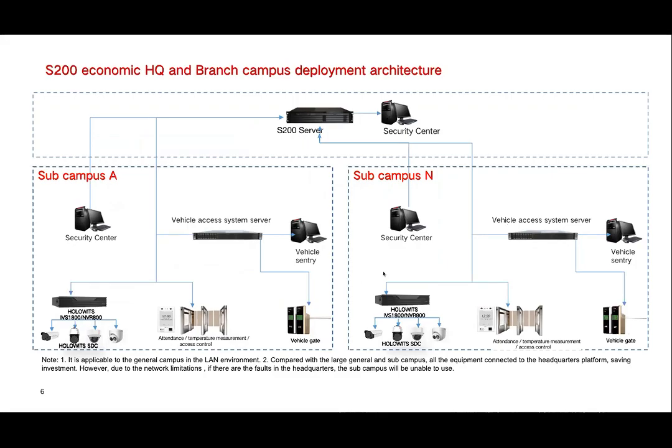Then all the devices are altogether connected to the S200 server in the headquarters. So physically, it is the headquarters and branch campus deployment architecture, but it's the single campus deployment architecture actually, right?